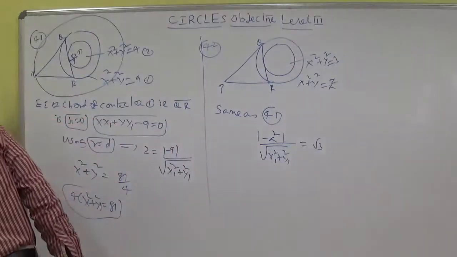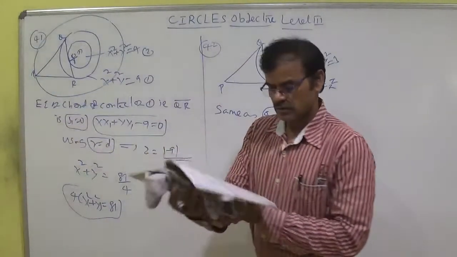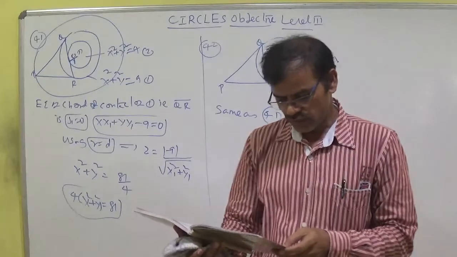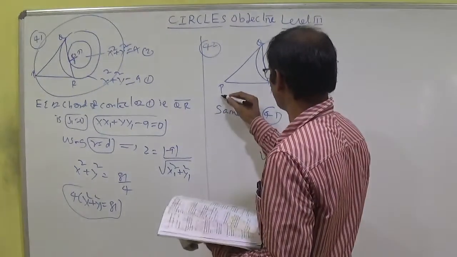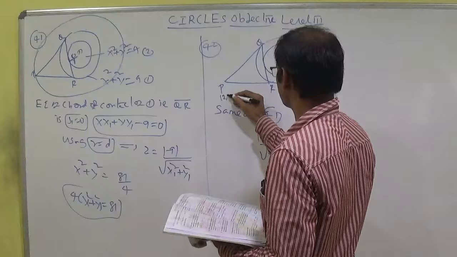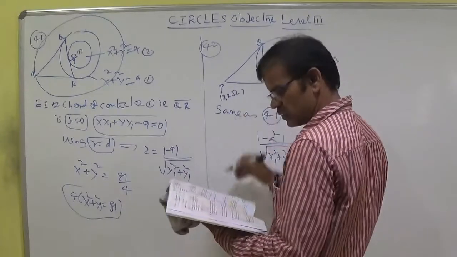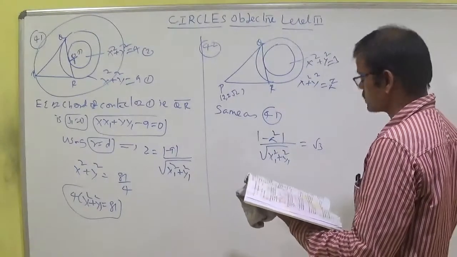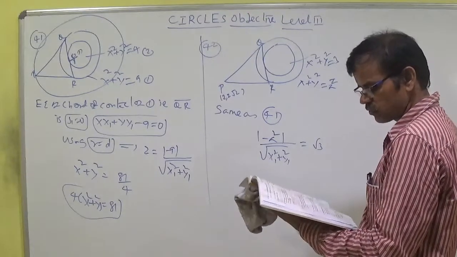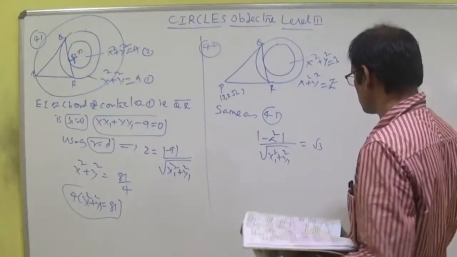From the point 2 comma 2 root 2, tangents PQ are drawn to the circle x square plus y square equal to a square, and QR is touching the circle x square plus y square equal to 3.